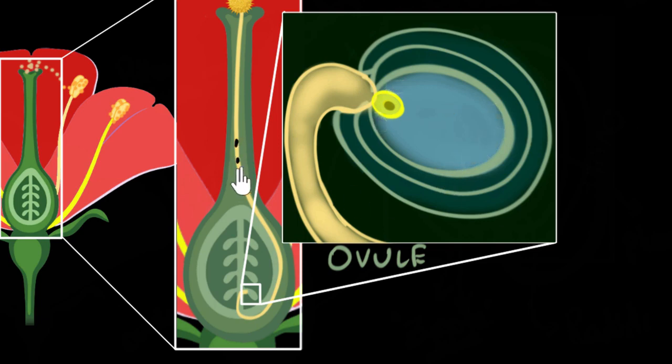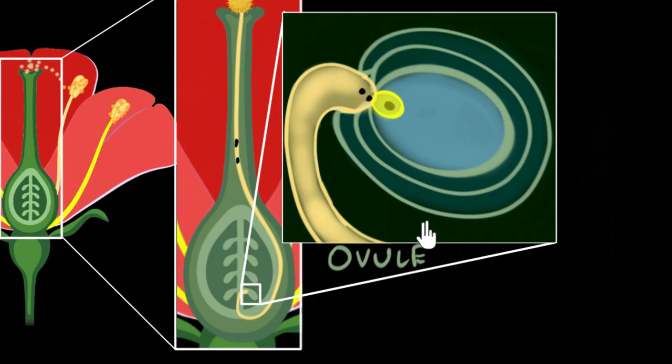Now from this pollen tube, the sperms are coming in. Let me just draw those sperm cells. These are the nuclei of the sperms. They will move, and eventually the pollen tube guides them into the ovule. Now what happens?